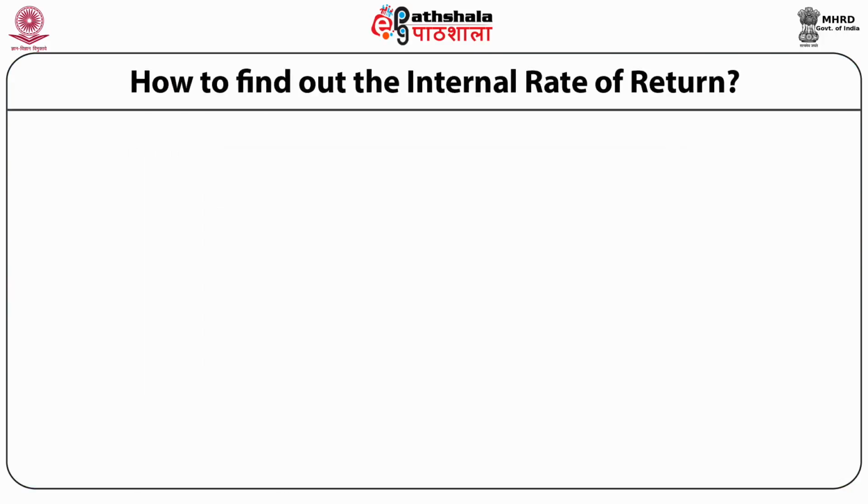In other words, it is a rate at which the net present value becomes zero. So internal rate of return will be achieved when the discounted sum of inflows will be equal to the discounted sum of outflows. How to find out the internal rate of return?